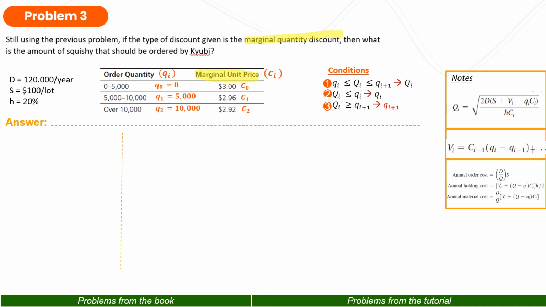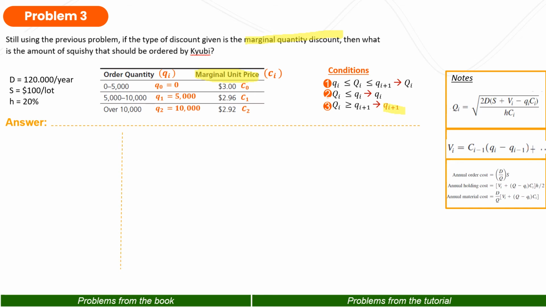Okay, and then this is the information that we got from before. Actually, it is quite the same, and the difference is the third condition here, where if the big Q is bigger than the little q after, then we put an order with the amount of the little q after.